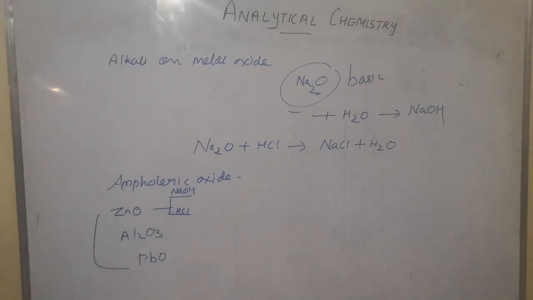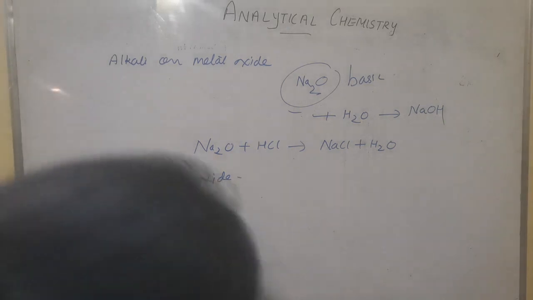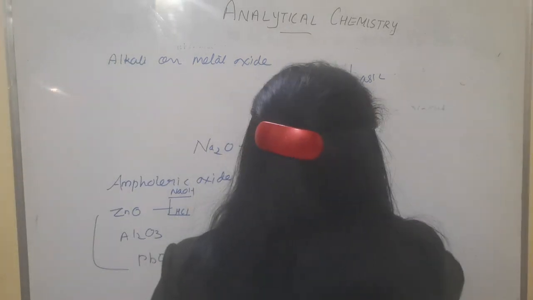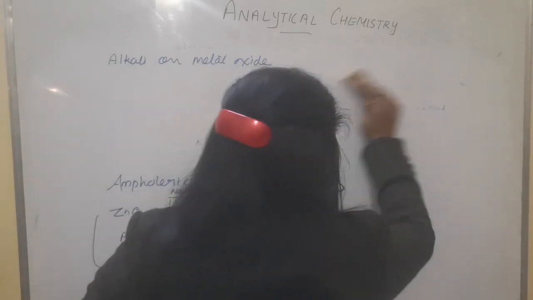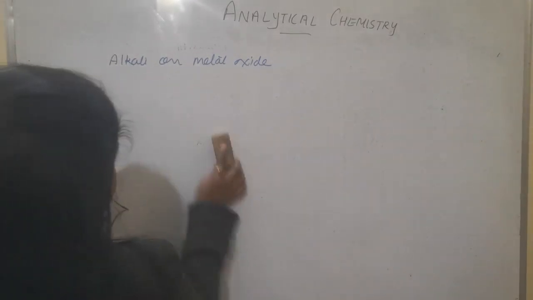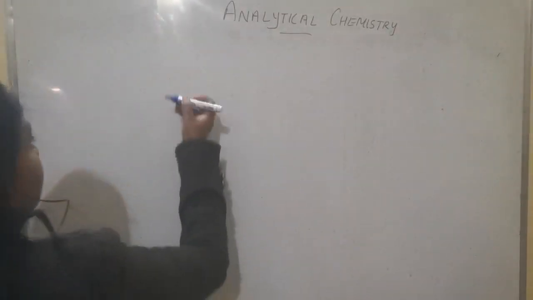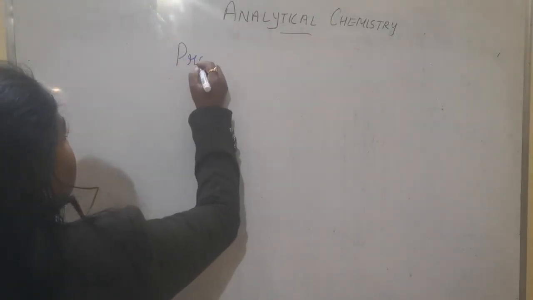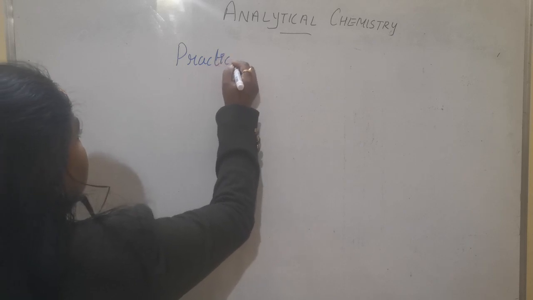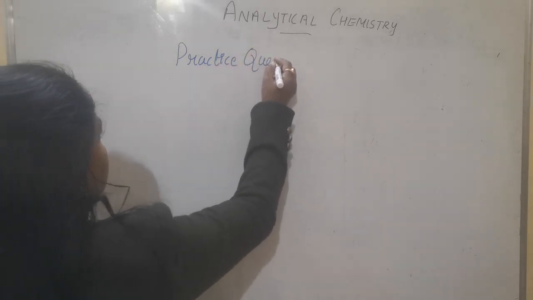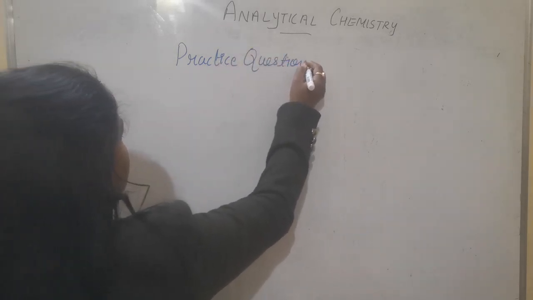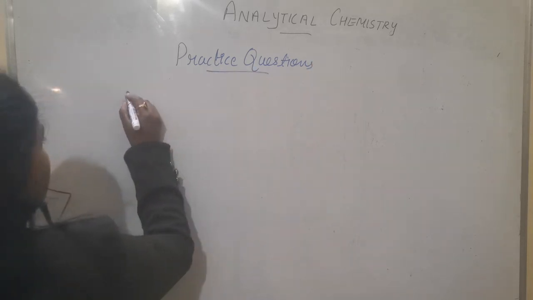So the first question is, write the probable color of the following salt. You have to tell the color of the salt. First is color.